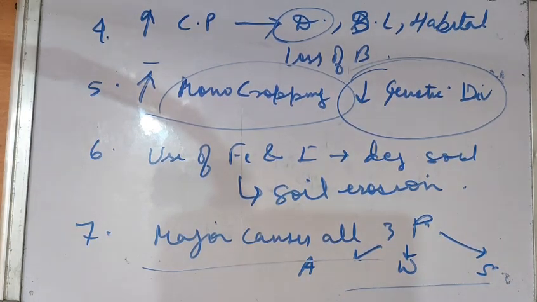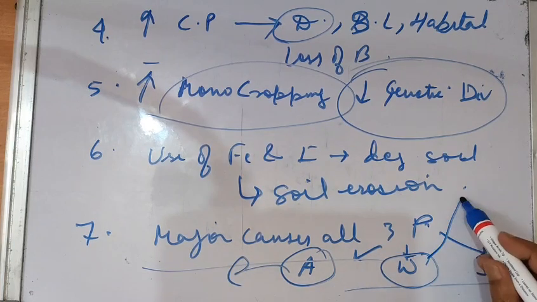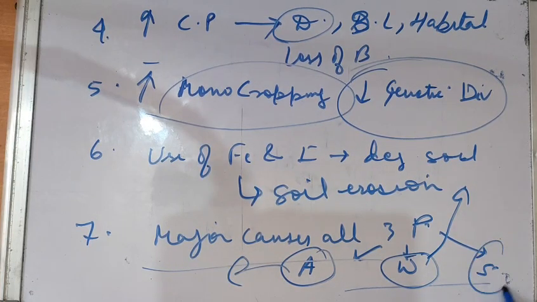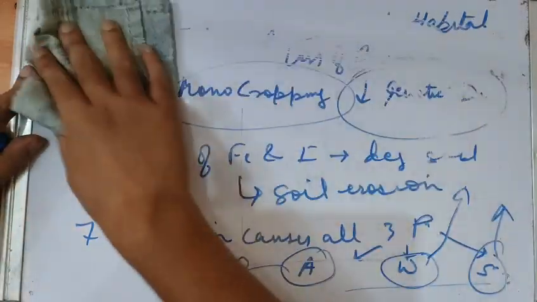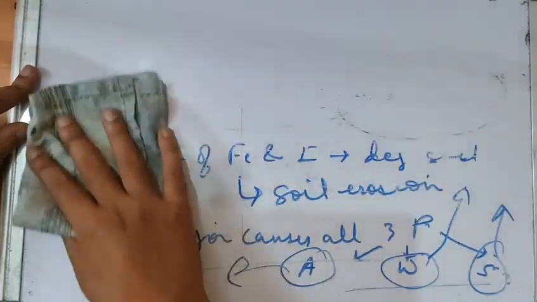Air pollution, releasing of GHGs; water pollution, contamination of groundwater by leaching; soil pollution, soil erosion by excess use of fertilizer and irrigation. So that is how our environment is affected by our cropping pattern.